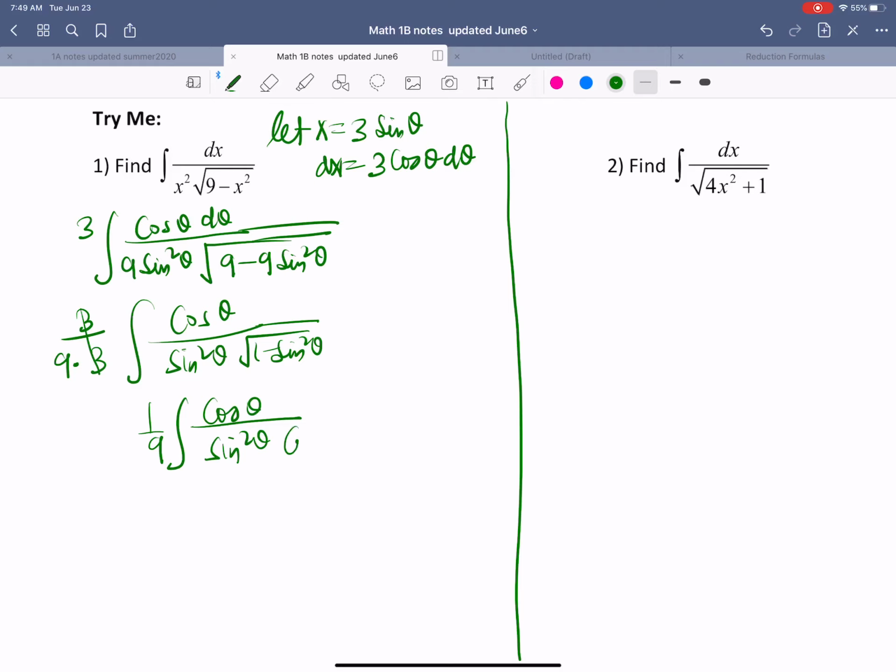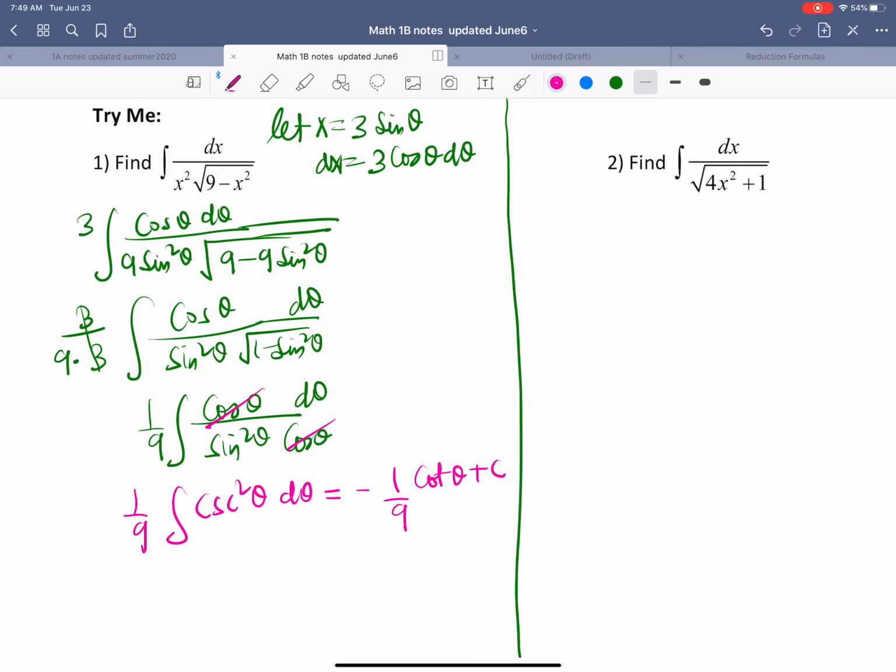When we do the square root, it would be just cosine theta d theta. Okay, looks like this is gone. 1 over 9 integral of cosecant squared theta d theta, which is 1 over 9 negative cot theta. So I need some space for the negative sign, which is equal to negative 1 over 9 cotangent theta plus c. Now we want to go back to x's.